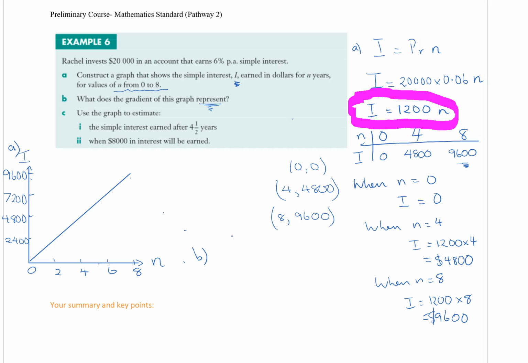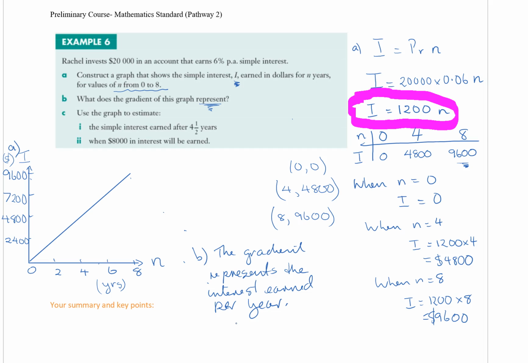In this case, the 1200, or the gradient, represents the interest earned per year. The interest, because these are years, and this is the interest in dollars.